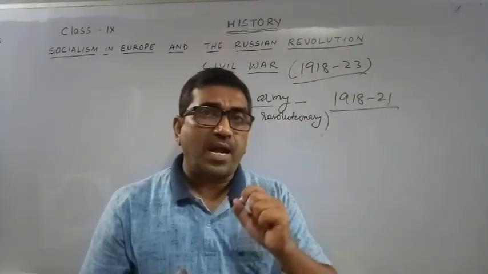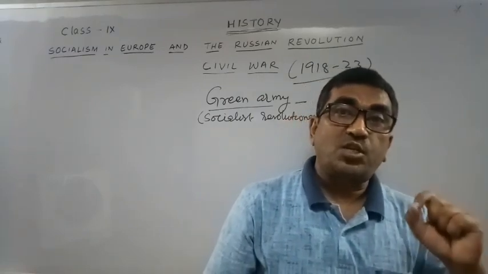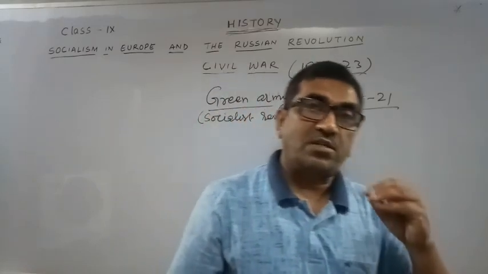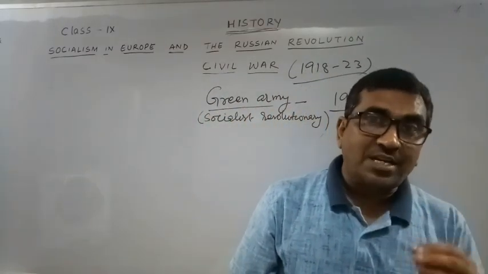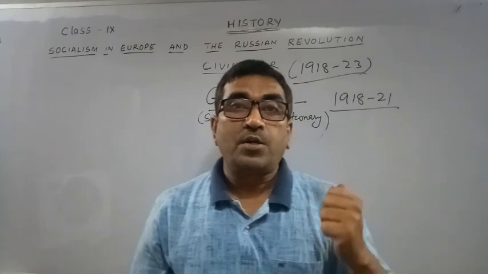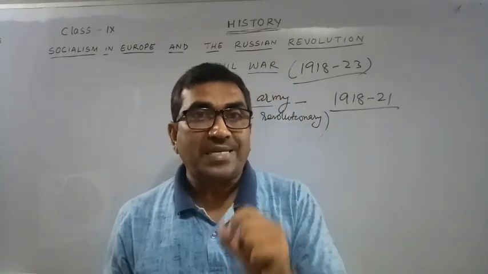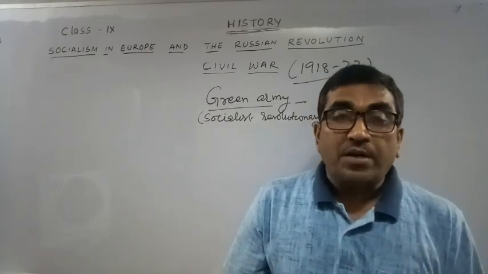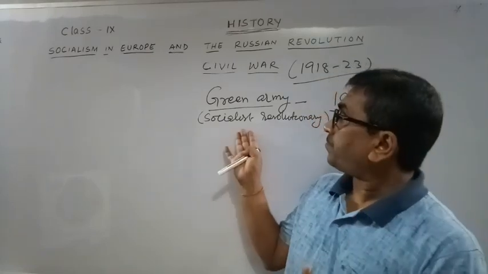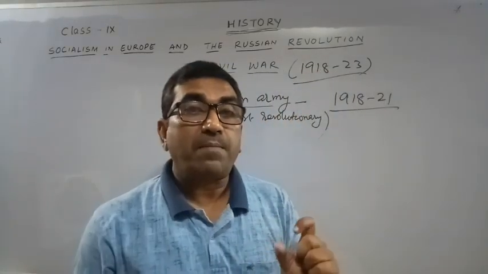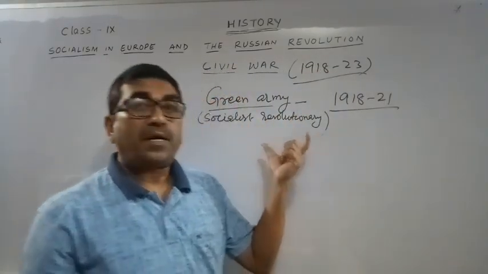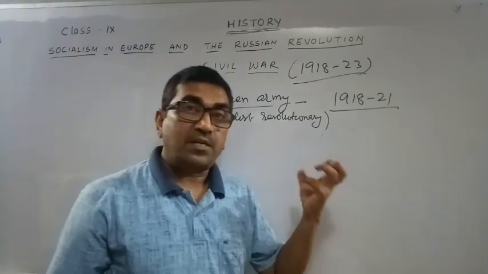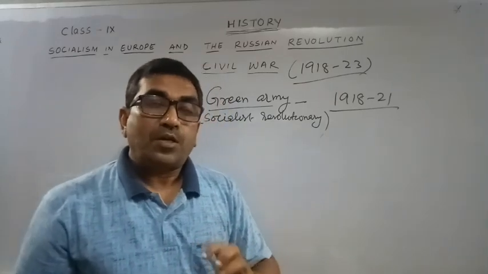Lenin had sent the troops because they wanted to collect the supplies necessary for sustaining a big army and building a communist, socialist nation. So these were the natural supporters of the Socialist Revolutionaries, and they became angry. They organized the army called the Green Army. It was in central Russia.